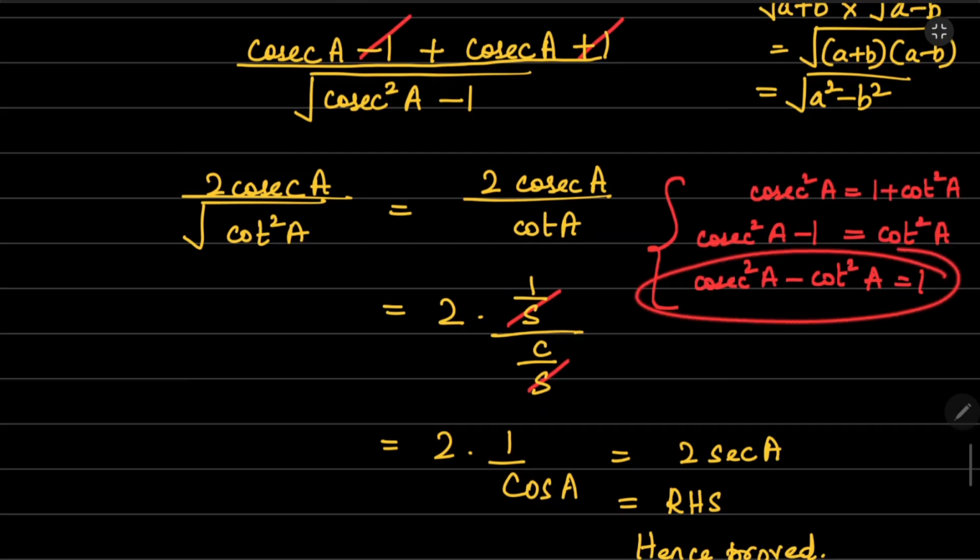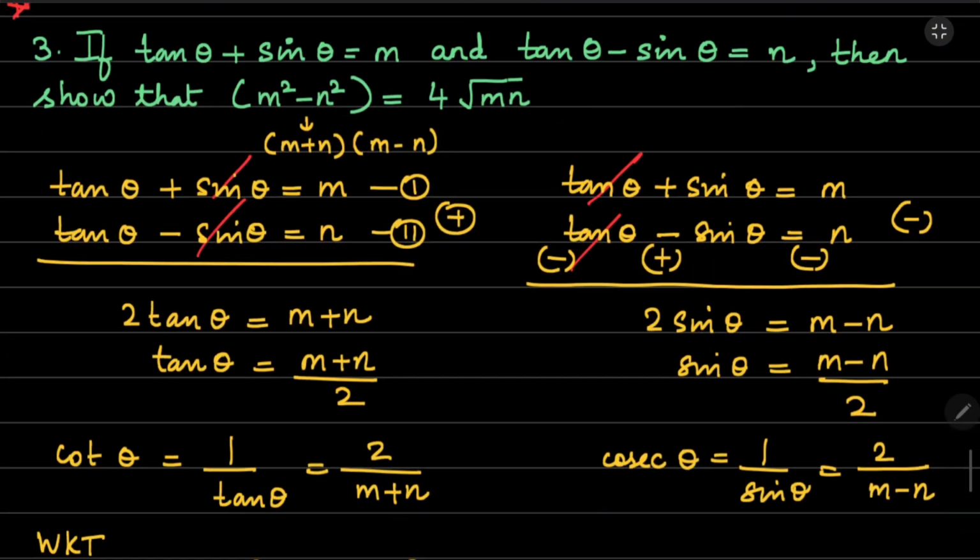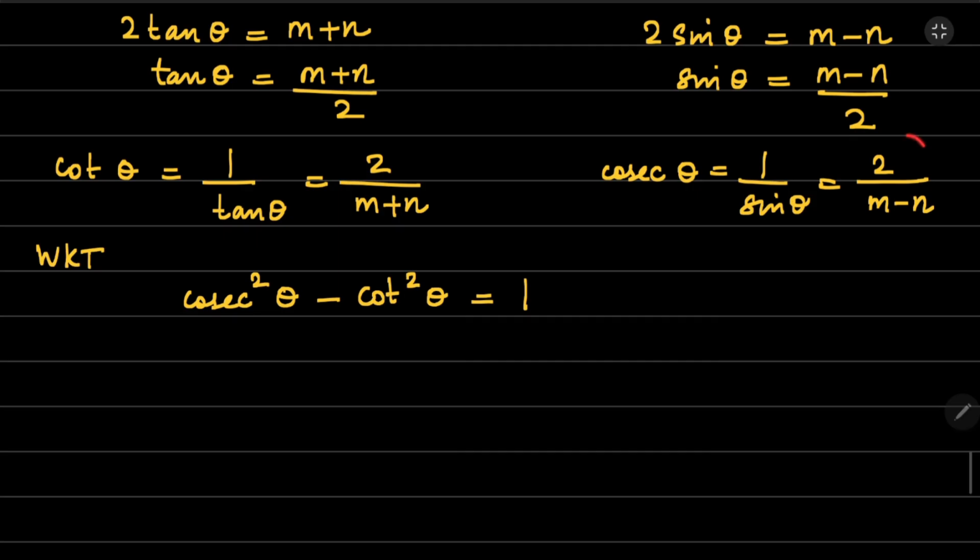So cosecant square minus cot square is equal to 1. Now what is cosecant square? Just write this and square it. Now from here on, it is just combining the two terms and solving them. So cosecant square is nothing but 2 divided by m minus n, okay, the whole square. So let me just erase these two and make it the whole square.